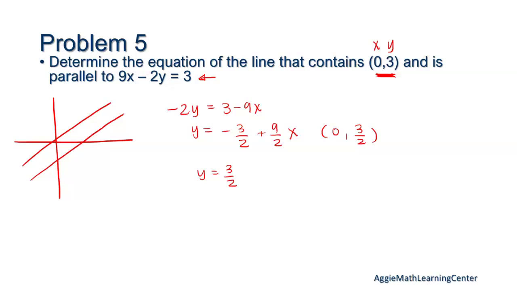But if I multiply this by 2, I'd get a -3, which isn't exactly what you want. But I can change my y-intercept. So I'm going to have y equals 3 plus 9/2 x, because now when I plug 0 in, I get y equals 3. Do you have any questions about that?